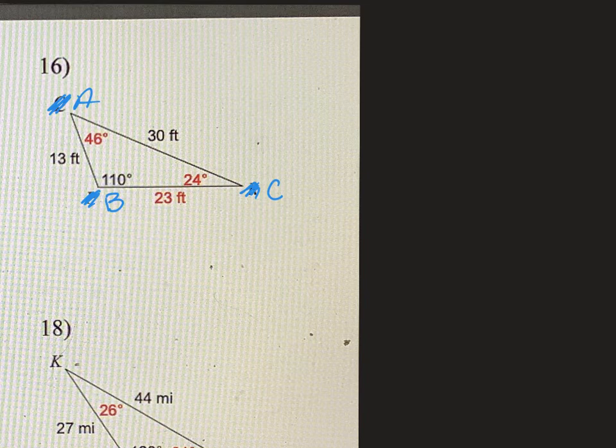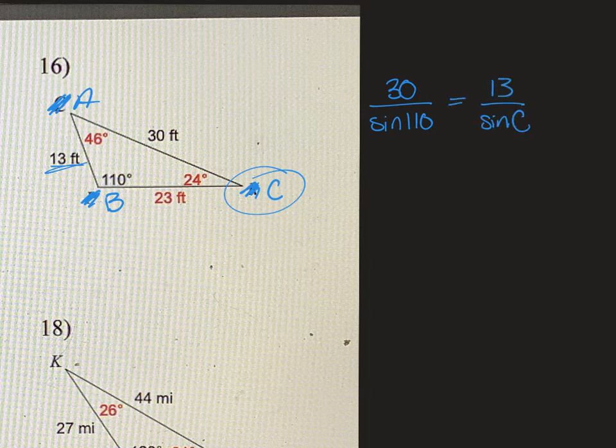For this one, so we have 30 over sine of 110. So let's find angle C first because we have side 13. Okay, so then we're going to cross multiply again.